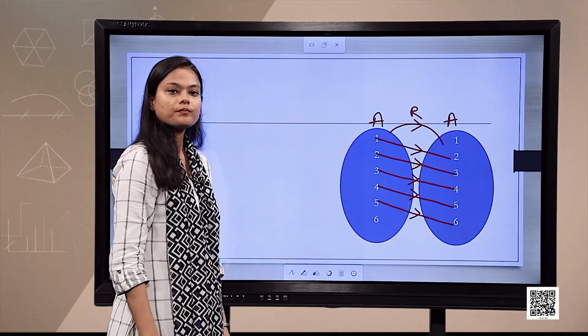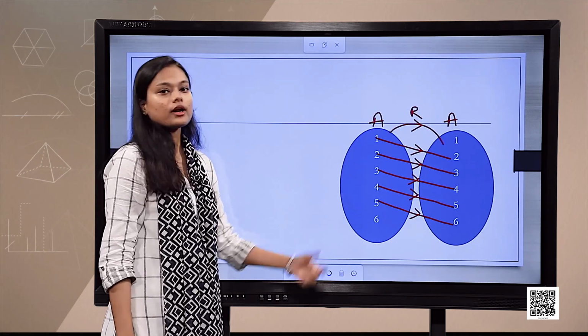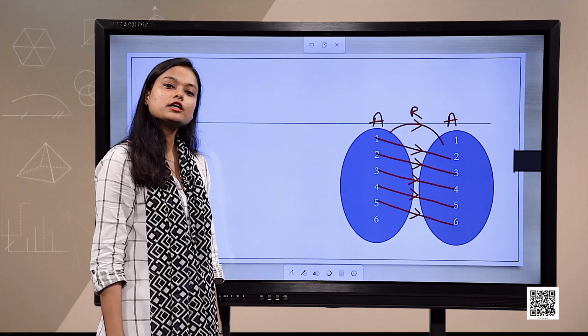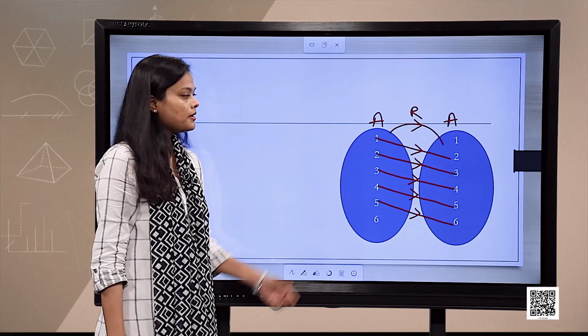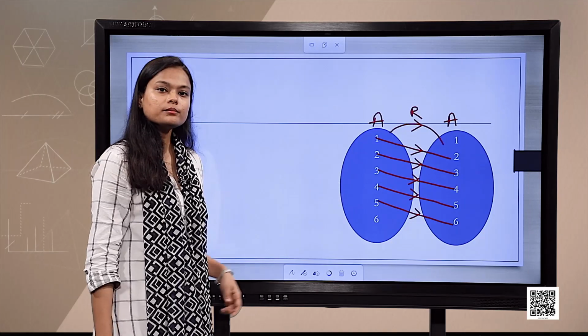Okay? Now, can you write the relation in set builder form by understanding this arrow diagram?